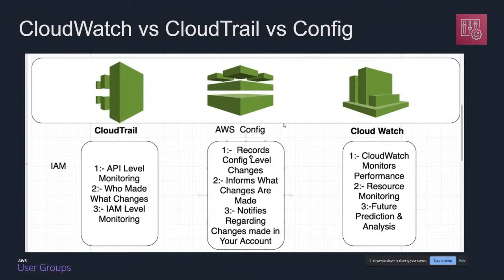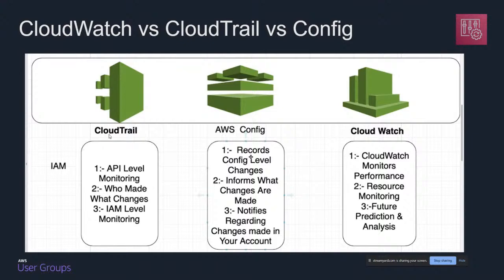What Config does is slightly different, right? It records the configuration level changes, if and only that. So not just calling a particular resource or performing action. If the configuration of a resource is changed, that's what's recorded by AWS Config. And while CloudTrail only checks for IAM level permissions, right?